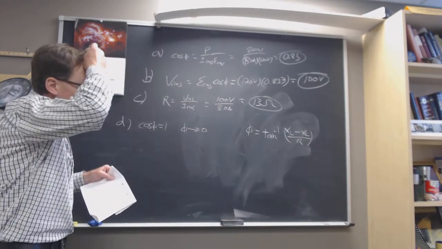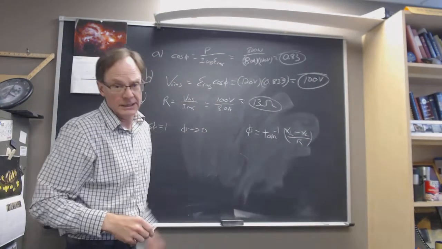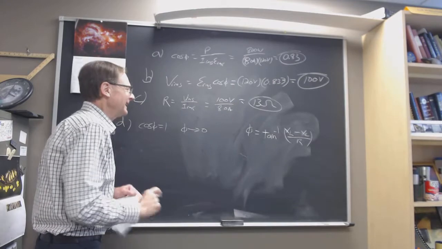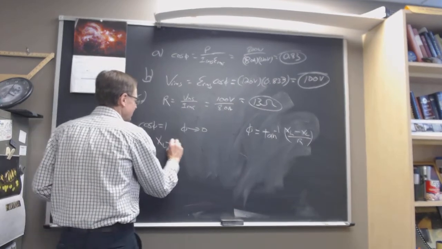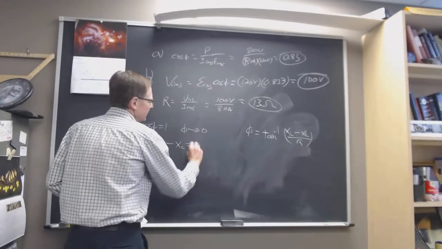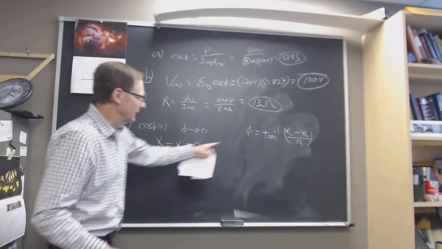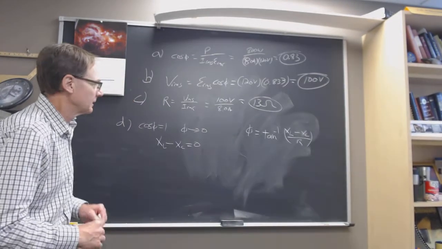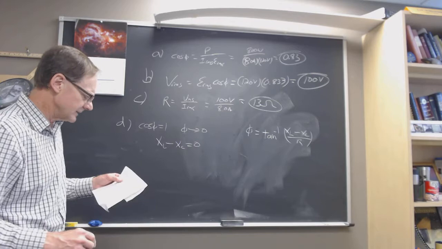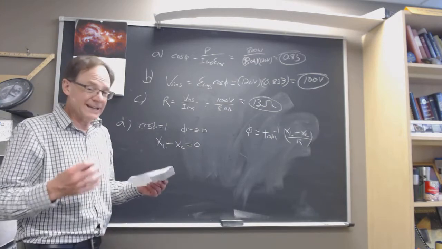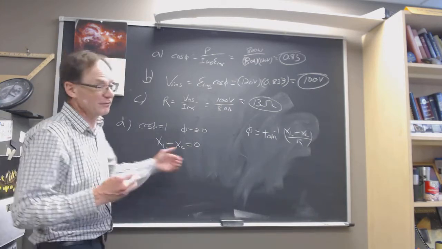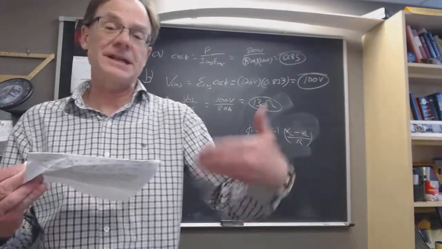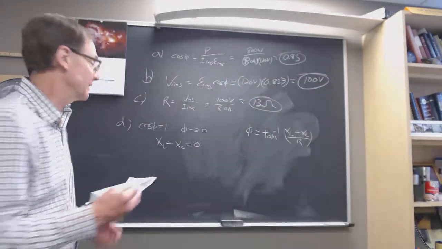And so we want that to be 0 now. That means we need x sub L minus x sub C to be equal to 0, which is the way we're going to get that angle to go to 0. And so we can ask, what is x sub L minus x sub C before we have this extra capacitance? How much capacitance do we have to add to make that go to 0?